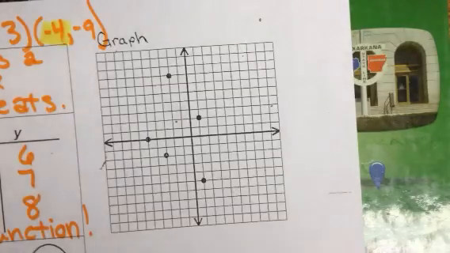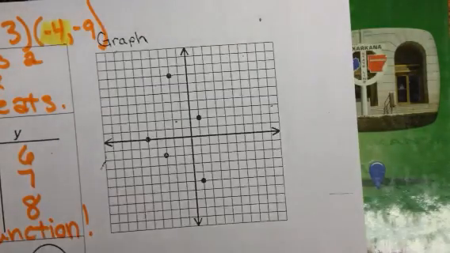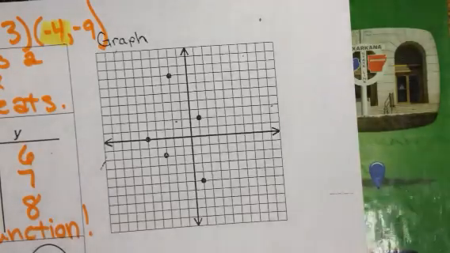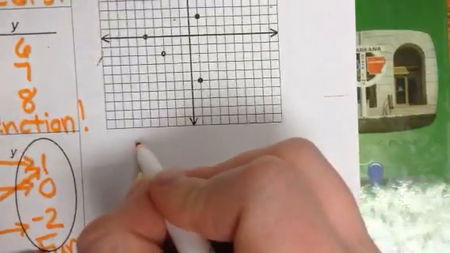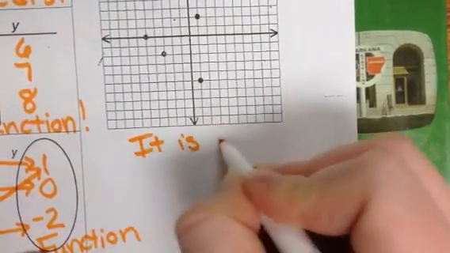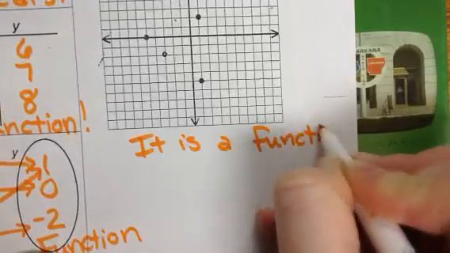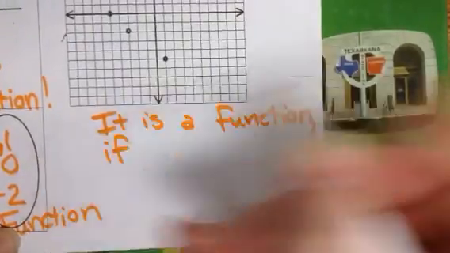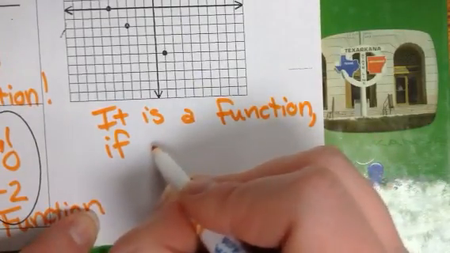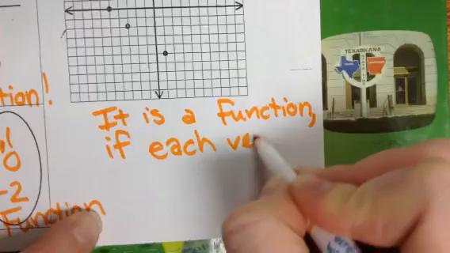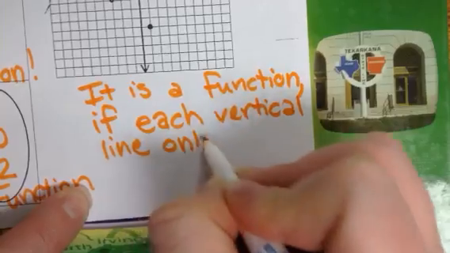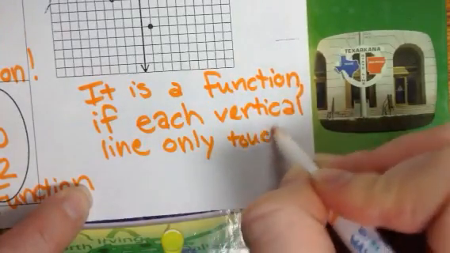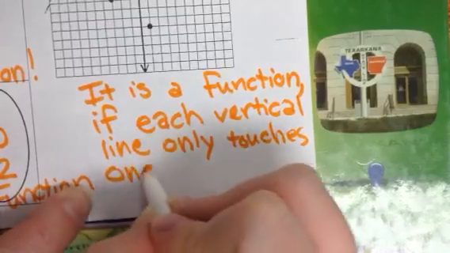Okay, there are already points on this graph, so I don't have to go and put random points. For it to be a function on a graph, it is a function if each vertical line only touches one point.